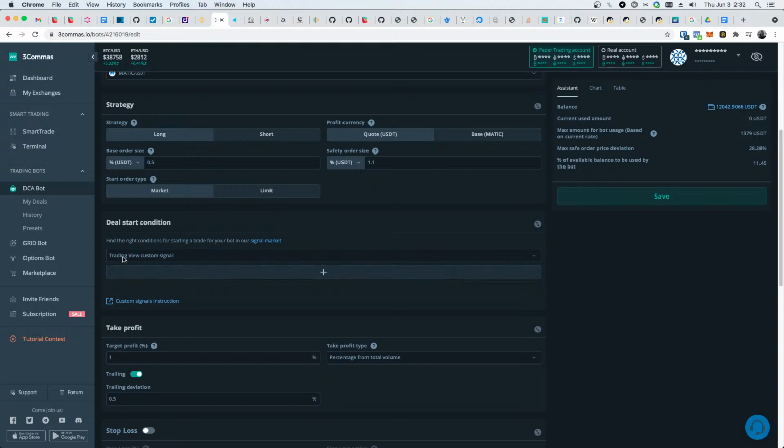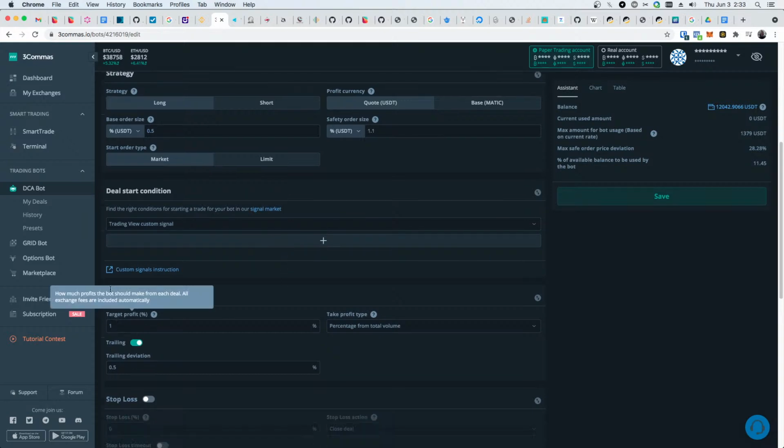So I've taken a TradingView custom signal as when the deals start, and then I let the deal play out, and nothing else comes from TradingView. As soon as TradingView gives me the go signal, I take a 1% profit. As soon as the price moves 1%, it goes into a 0.5% trailing deviation.